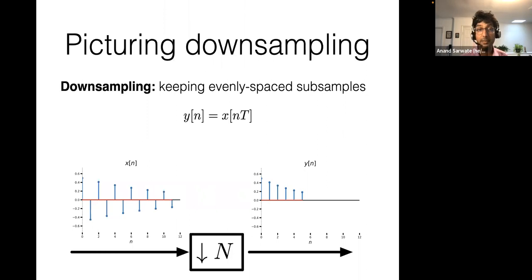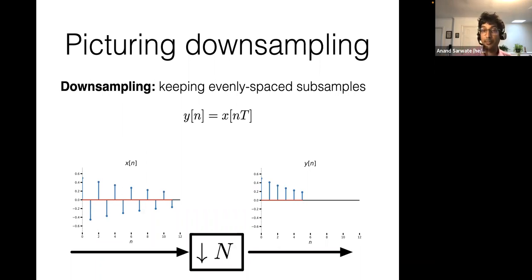So if I want to picture downsampling, say I want to keep t equals 2, I'm going to keep only every even sample. So I'll keep x of 0, x of 2, x of 4, and so on. If I have a signal x of n on the left here, which is alternating in sign, every even time point is positive and every odd point is negative, then at the output I'm going to get only the places where it's even, positive rather, which is only the even time positions.